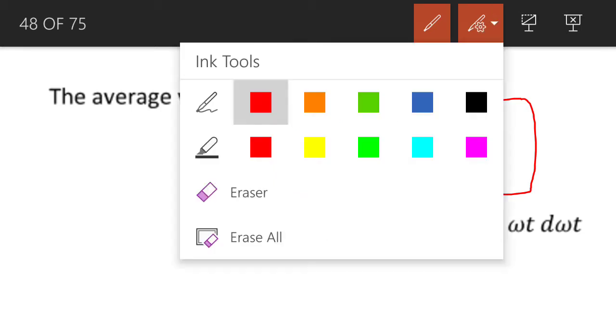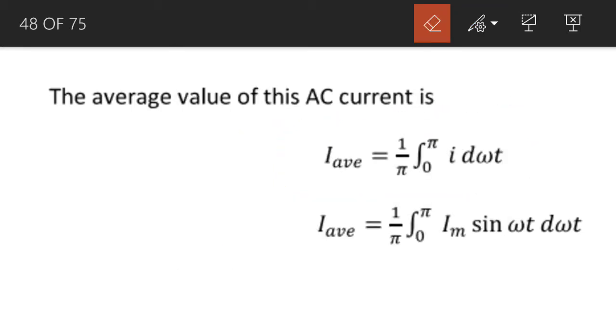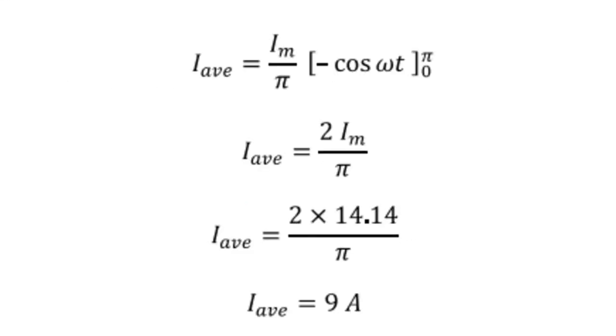And we know that this is an AC current, and the AC current varies sinusoidally with respect to time. So we put the value of the AC current in the above equation, and we obtain 1 over pi, the integration from 0 to pi of the AC current.